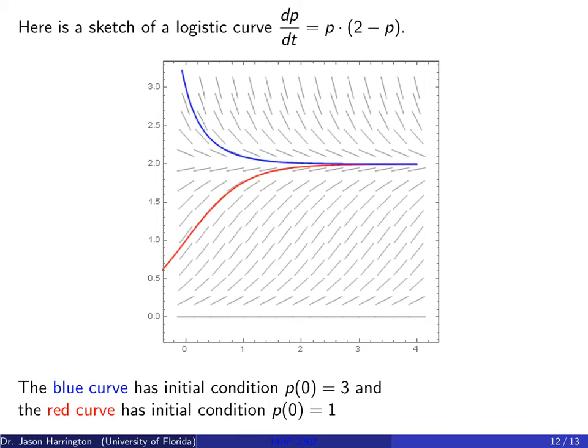Now, just to give you an idea for how this thing actually looks, here's a specific one that I just made up. It doesn't really go with any species or population growth, but you kind of see the idea of what's happening. So here's my logistic model, and I made a slope field diagram, and you can see that if I put in 0, I get 1 for the red, and if I put in 0 for the blue, I get 3. And you can see what happens.